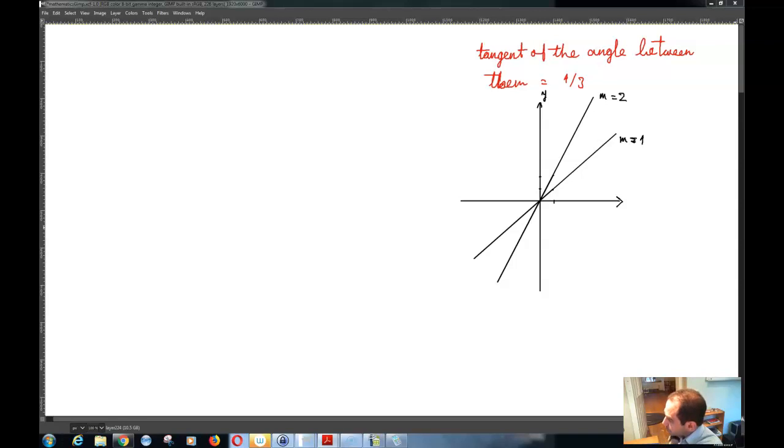So before we start with this question, let me just give you some background about the angle between two lines, and then we will solve this problem.